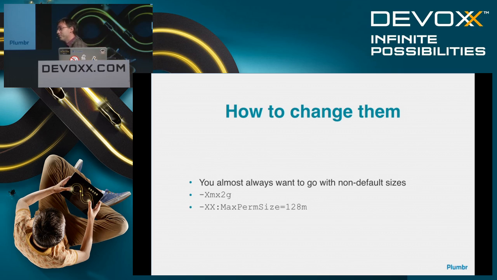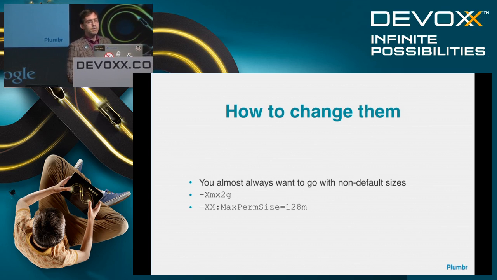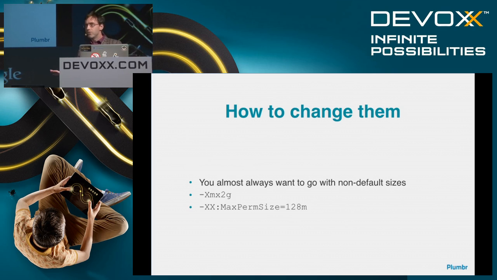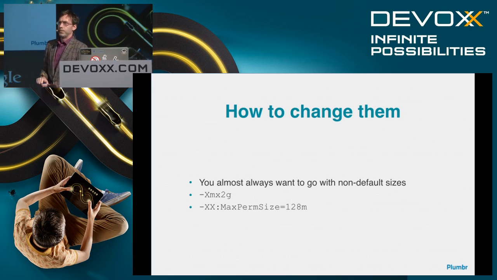Next, in the majority of cases, you really want to specify Xmx because, well, by default that's not big enough. Because the more memory you give to your JVM, the bigger Xmx is, in general, the faster your application will be. Garbage collector, in general, works faster and better the more memory it has.